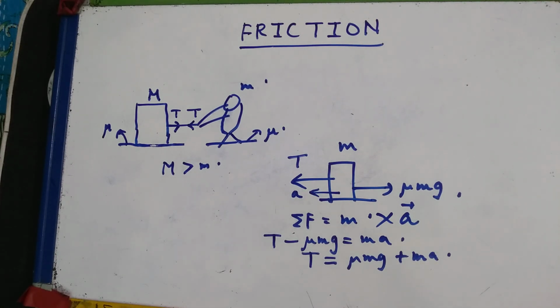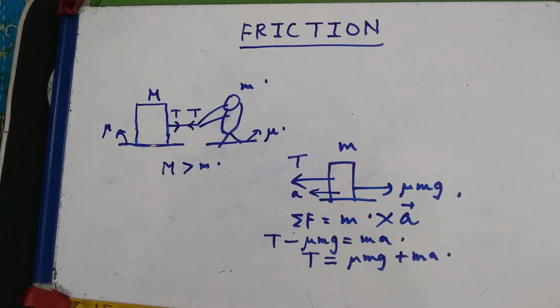So what happens to the block? The block may move now because the tension has increased. If you look at the statement, the block will not move unless the man also moves. Here the man is moving, and therefore the tension in the string has increased, and therefore the block may move now. So option A is correct.